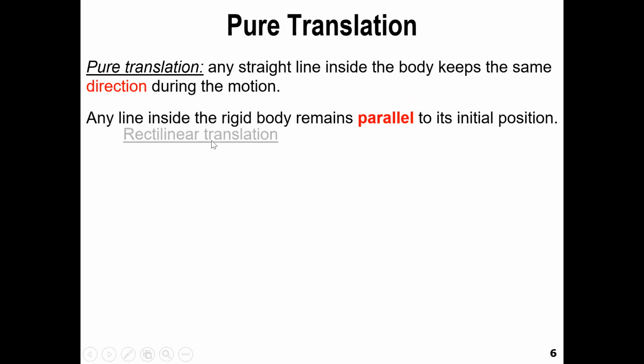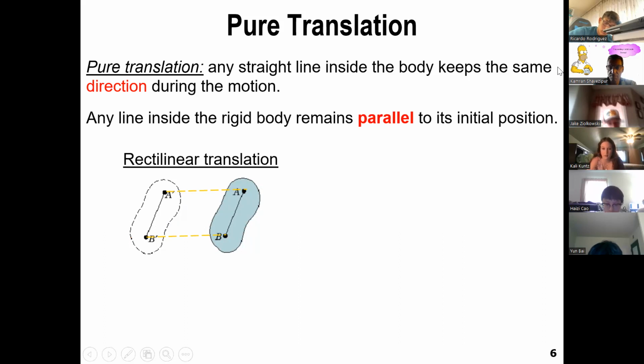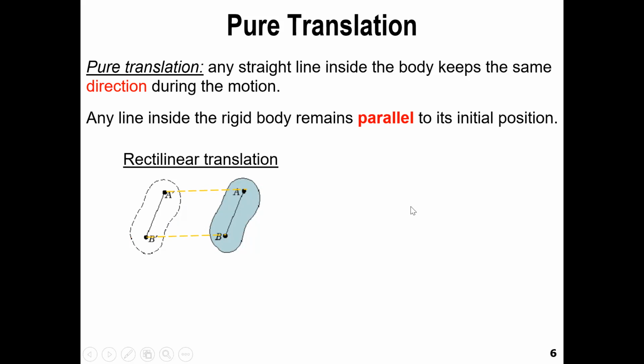For example, if you have a rigid body like this and it moves on a straight line, you see, AB and A'B' remain parallel all the time, and point A goes on a straight line. Obviously, every part goes on a straight line. This is rectilinear translation. Very simple, right? A lot of reciprocating systems you have in mechanisms and machines have this rectilinear translation.